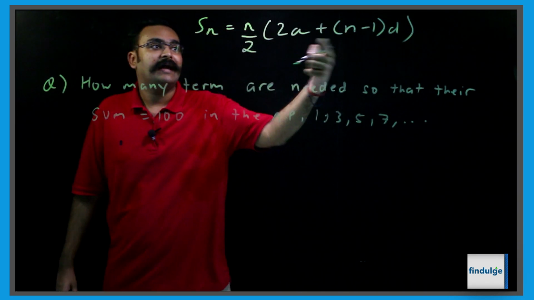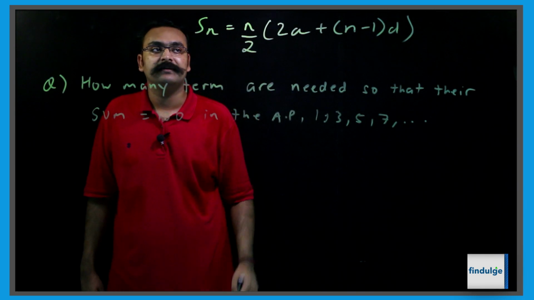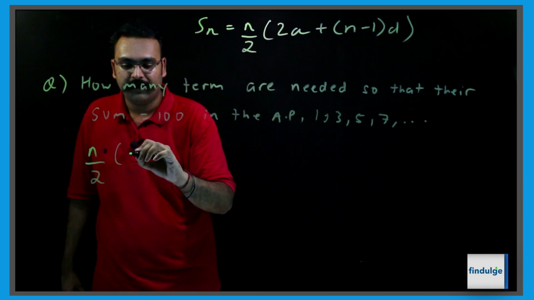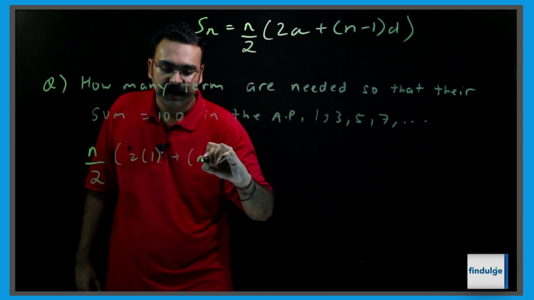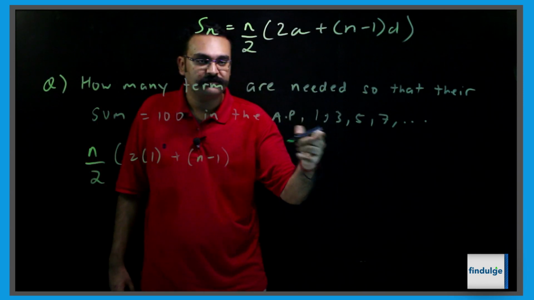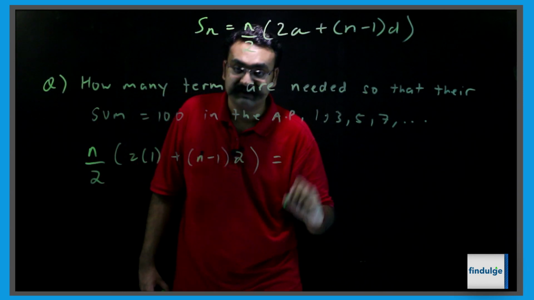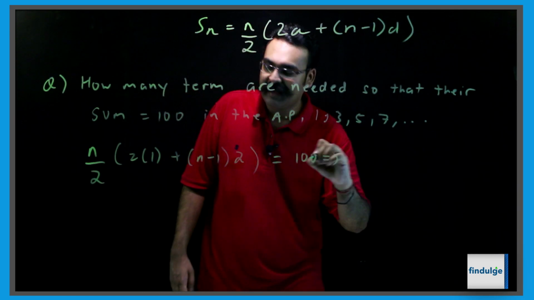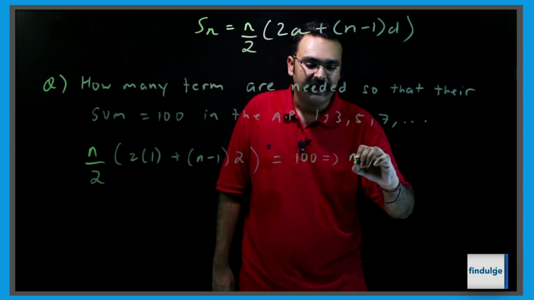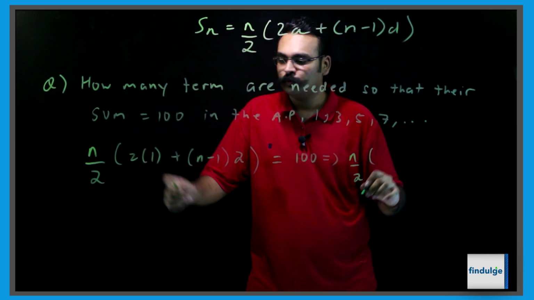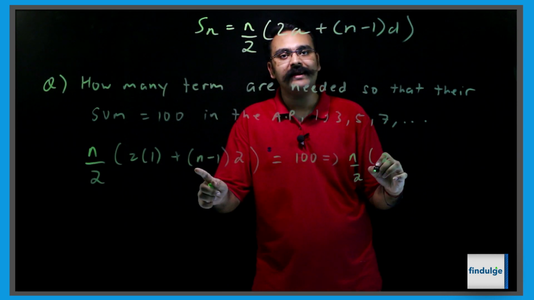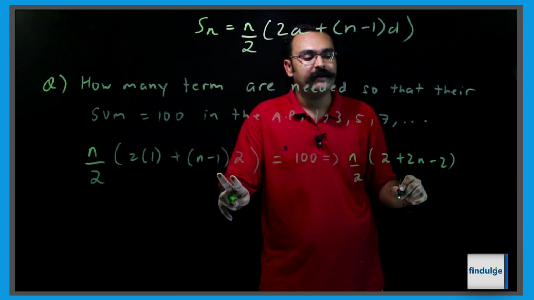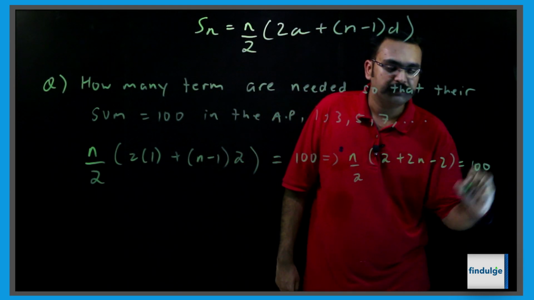So we know that this is equal to our sum, n is missing, n by 2 into (2a plus (n minus 1) into d, 3 minus 1, 2), is equal to the given sum 100. This implies if I start solving it, n by 2 into (2 plus 2n minus 2), simply multiplying this into the bracket, is equal to 100.